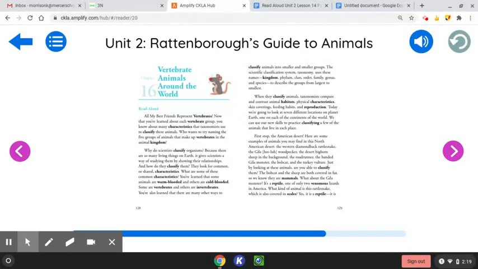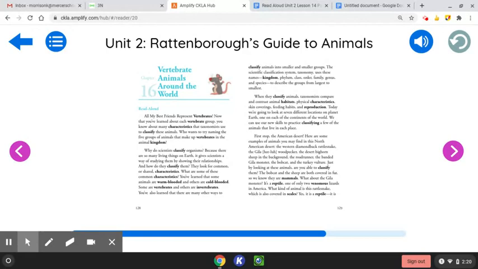What are some of these common characteristics? You've learned that some animals are warm-blooded and others are cold-blooded. Some are vertebrates and others are invertebrates. You've also learned that there are many other ways to classify animals into smaller and smaller groups. The scientific classification system, taxonomy, uses these names, kingdom, phylum, class, order, family, genus, and species, to describe the groups from largest to smallest.